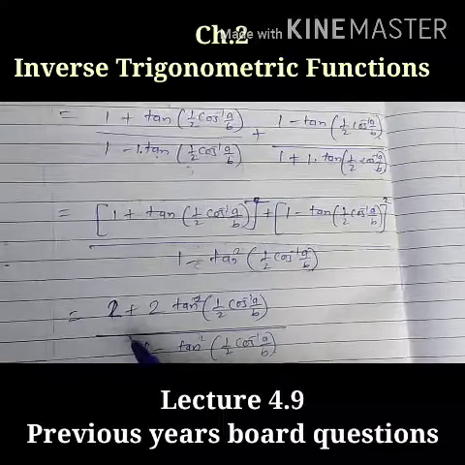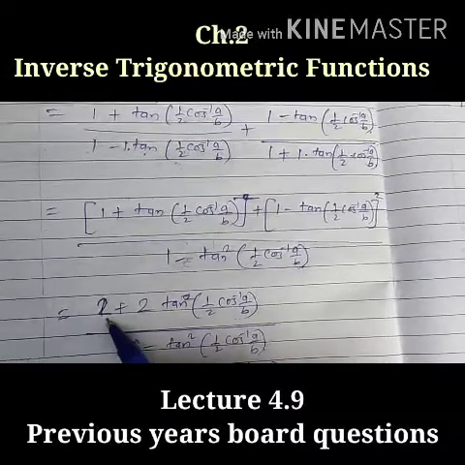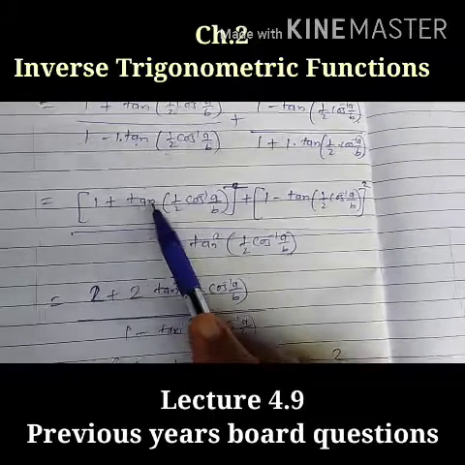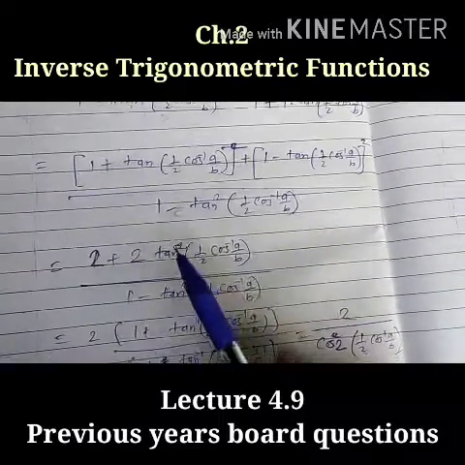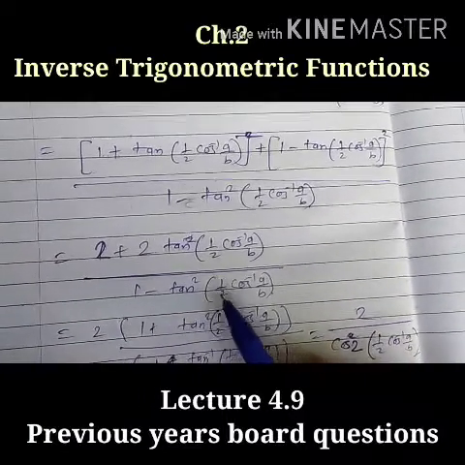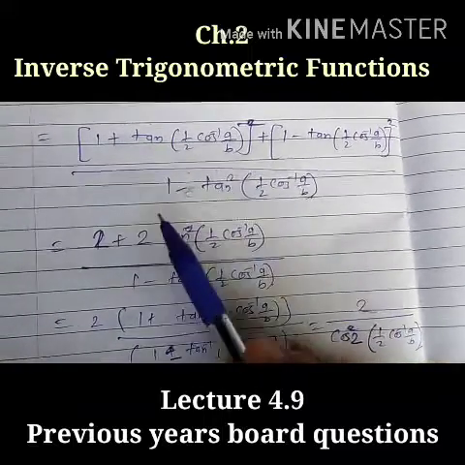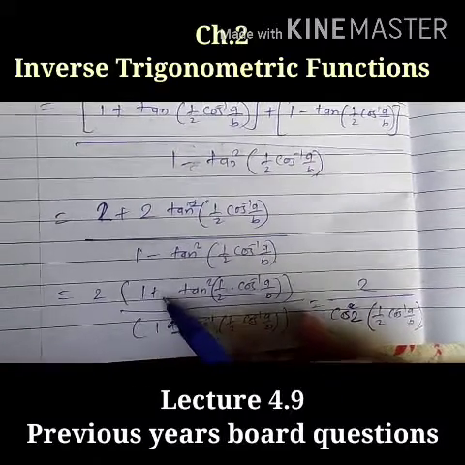So here 2 into 1 square, that is 1, so 2, plus 2 into tan square of 1 by 2 into cos inverse of a by b, upon 1 minus tan square of 1 by 2 cos inverse of a by b. If we take out this 2, again we'll get the same term, only with the change of plus sign.